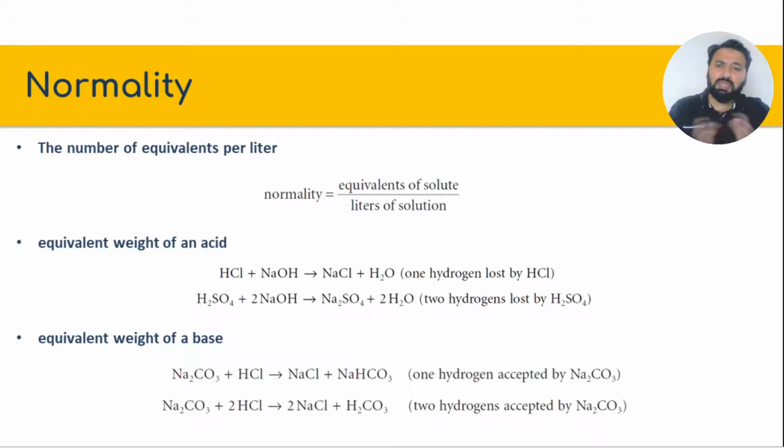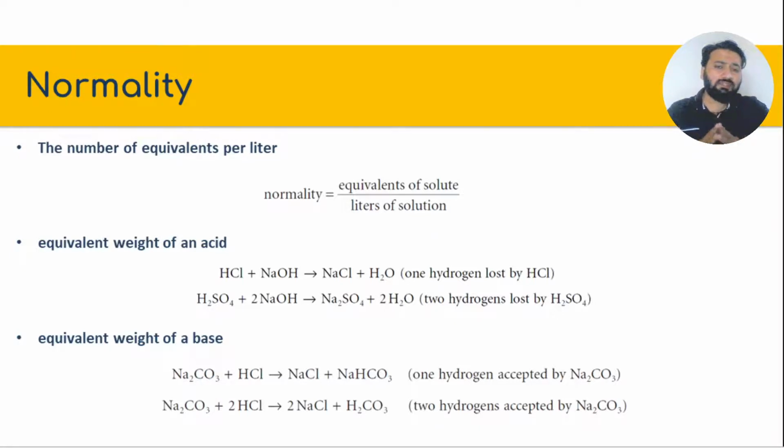An acid may lose one or more hydrogens per formula when reacting with a base. See the example: hydrochloric acid, HCl, when it reacts with sodium hydroxide, gives sodium chloride plus water. Because we are talking about the equivalent weight of an acid, hydrochloric acid is losing one hydrogen. It is one equivalent.